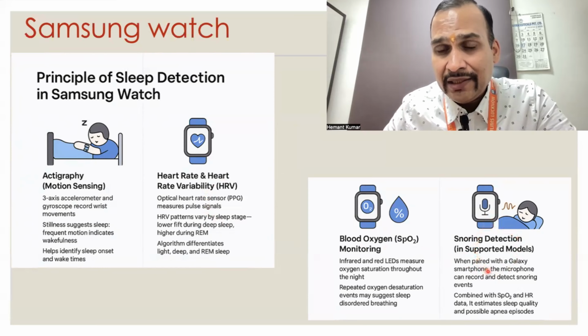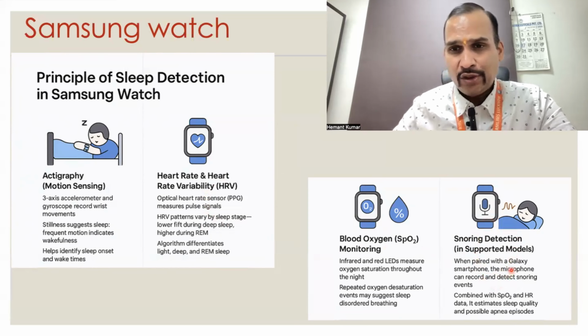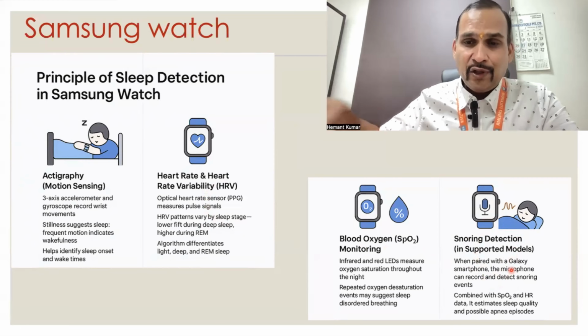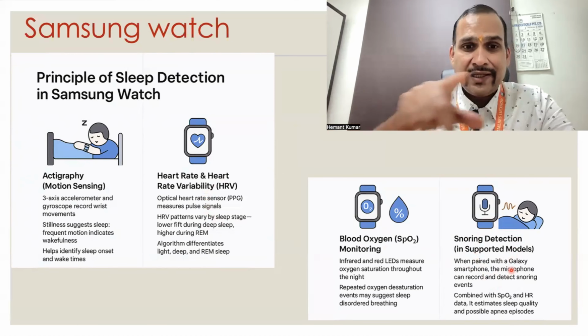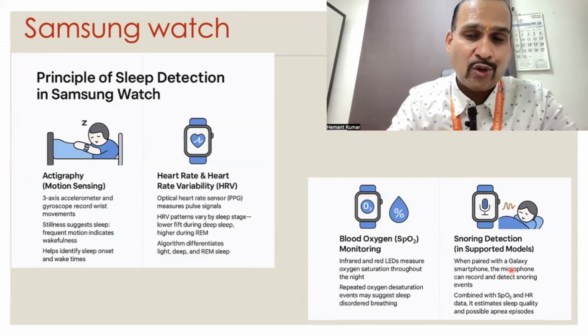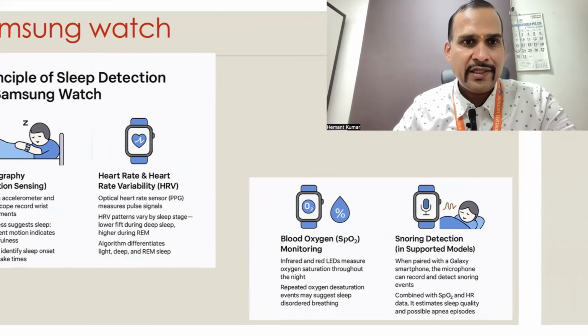There is another application which will tell about snoring. This application is on a mobile phone. If you switch on this mobile phone and keep it beside you, it will record your snoring also. So along with these data, actigraphy, heart rate, saturation, it will tell whether you snore or not. So these are very good screening tools.